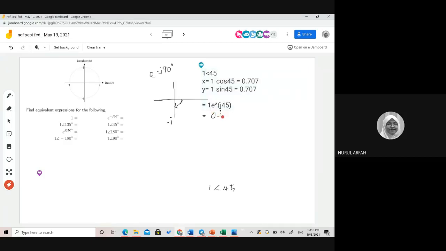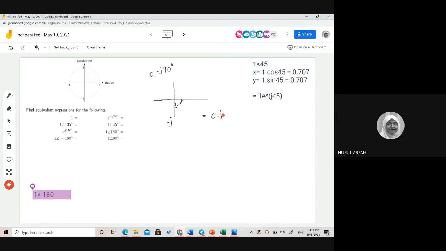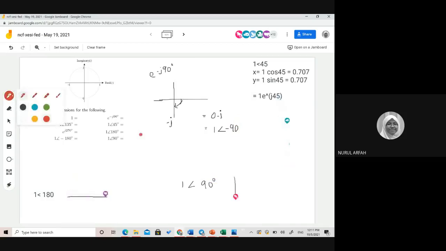Please do not use I because we want to differentiate between current and the imaginary axis. Even though your calculator will straight away show you that this is negative I, you use negative J. Okay, very good. This is correct. Okay, good.